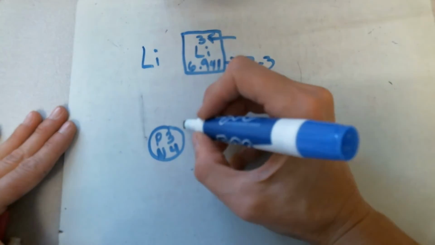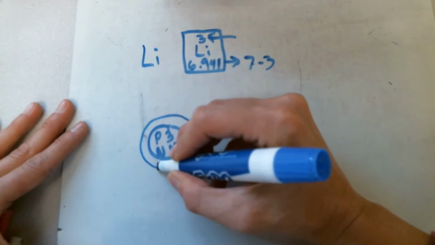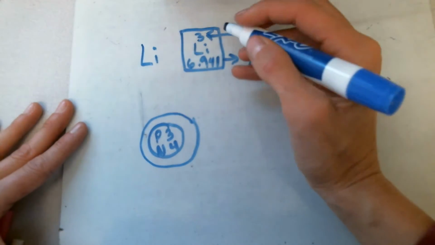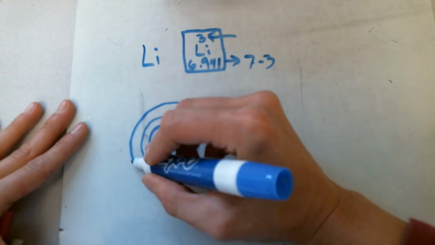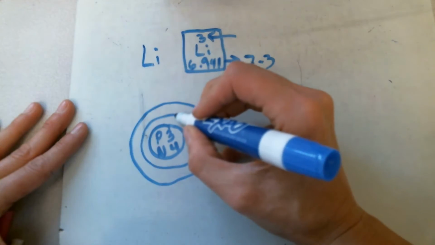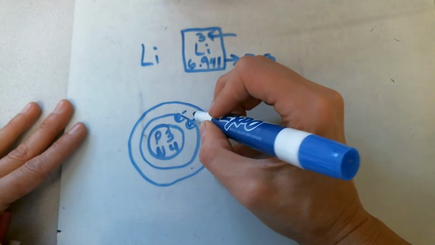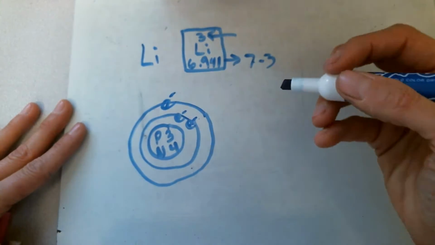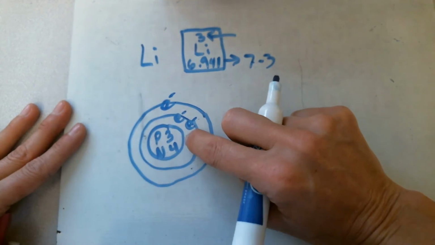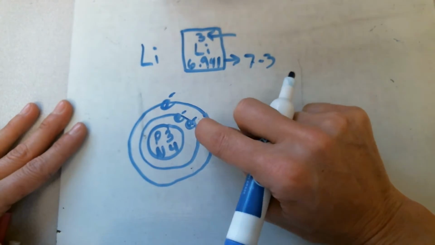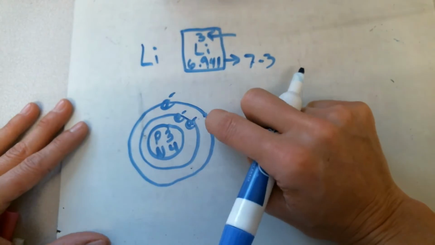Now if you think back to how many electrons we have, if you look at the top number, the number of protons is also the number of electrons. So we're going to put 2 electrons in the first ring and 1 in the second ring. Notice this right now is an unhappy or an unstable atom.